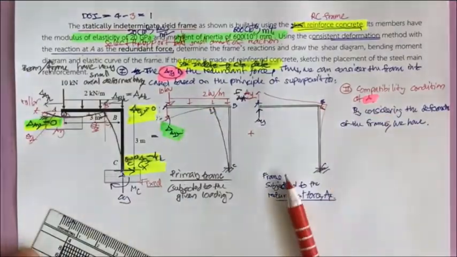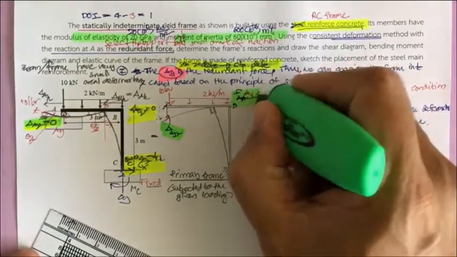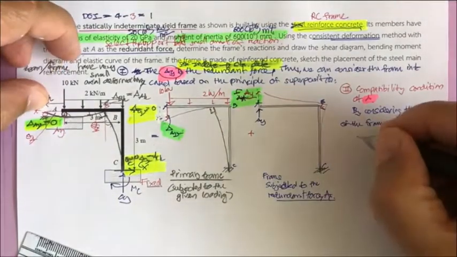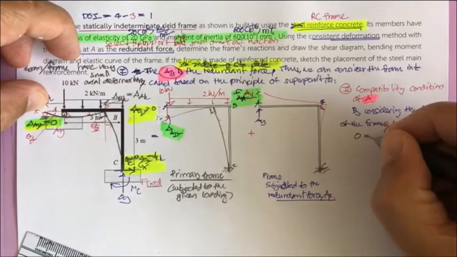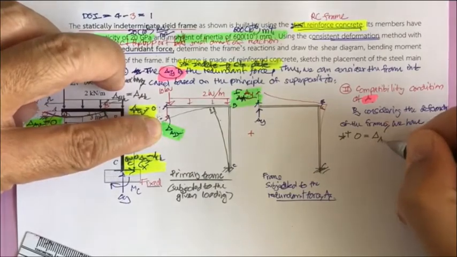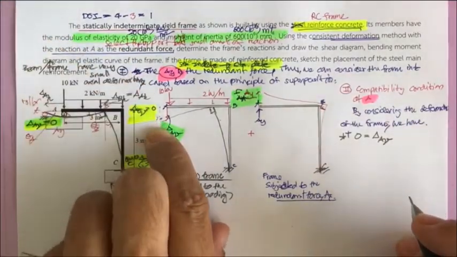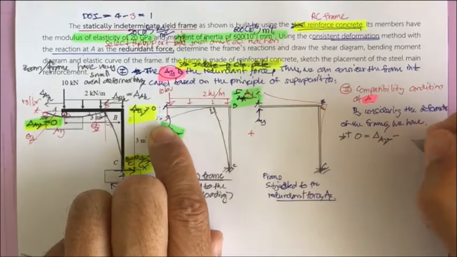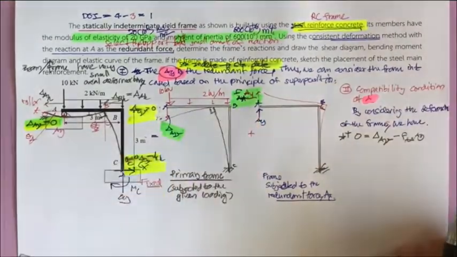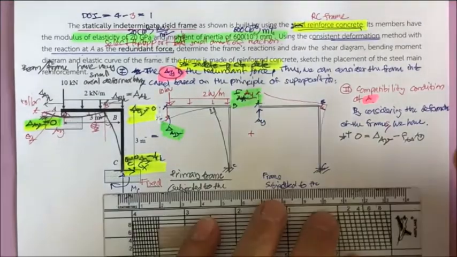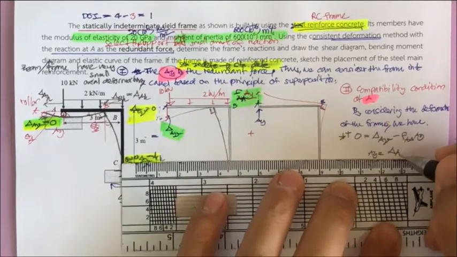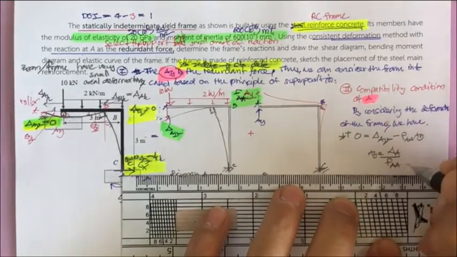So what we have is, this is going to be 0 and equal to, if downward is positive, delta A vertical minus F sub AA times A sub Y. So what we have next is A sub Y equals delta sub A divided by F sub AA.